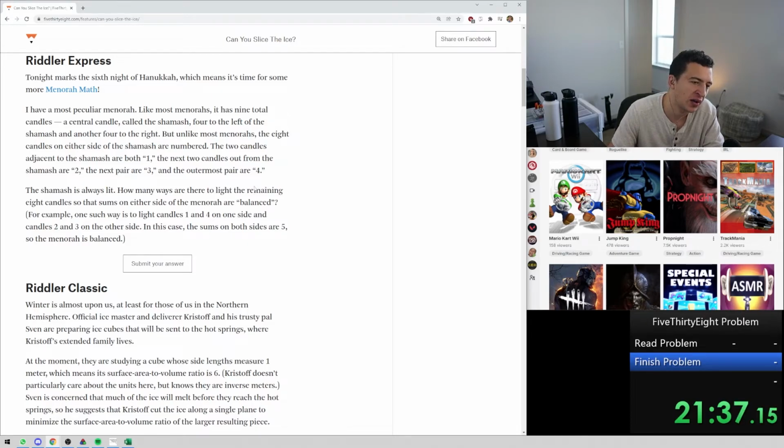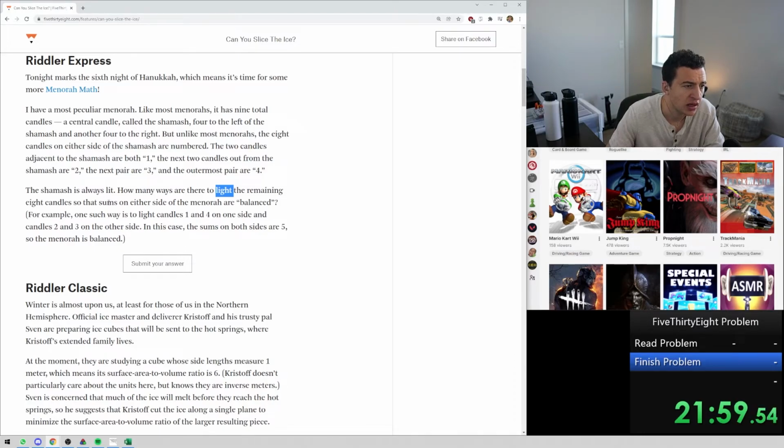So I think you have to light them. For example, one such way is to light candles 1 and 4 on one side and candles 2 and 3 on the other side. In this case, the sum on both sides is 5, so the menorah is balanced. Does it also have to be the 8th night of Hanukkah?